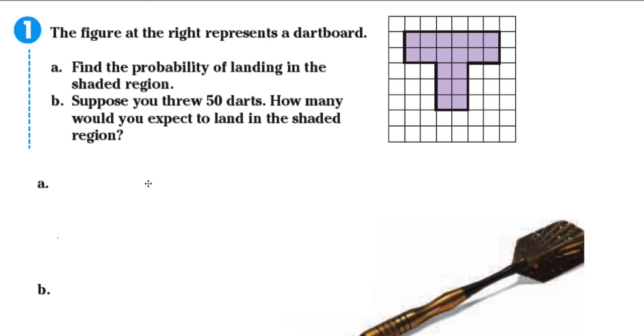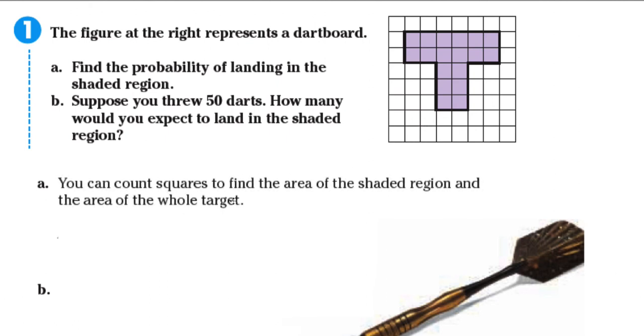First, you can count squares to find the area of the shaded region and the area of the whole target. To find the probability of landing in the shaded region, we need to find the area of the shaded region over the area of the entire target.